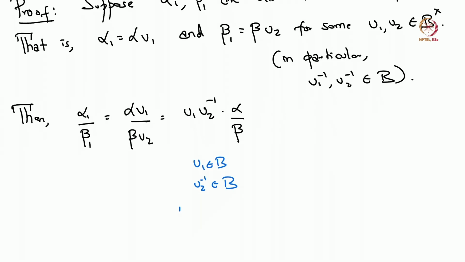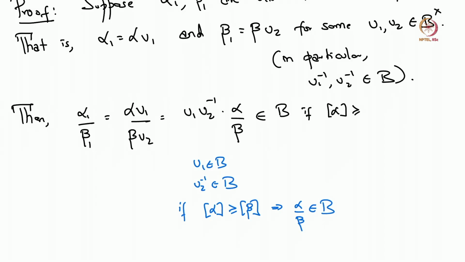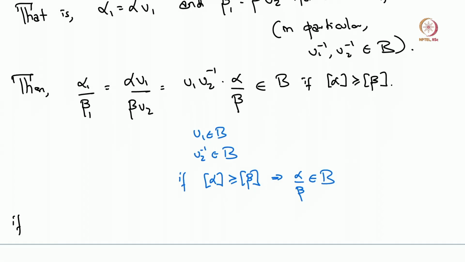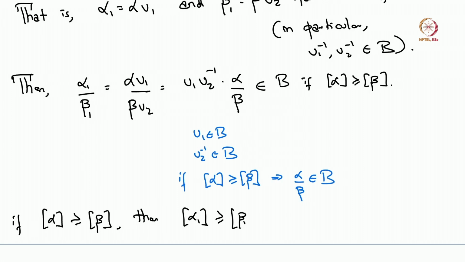And if square bracket alpha is larger than or equal to square bracket beta, this means that alpha over beta belongs to B. And so in this case, this will also belong to B. So what we have is that if square bracket alpha is larger than or equal to square bracket beta, then square bracket alpha 1 is larger than or equal to square bracket beta 1.